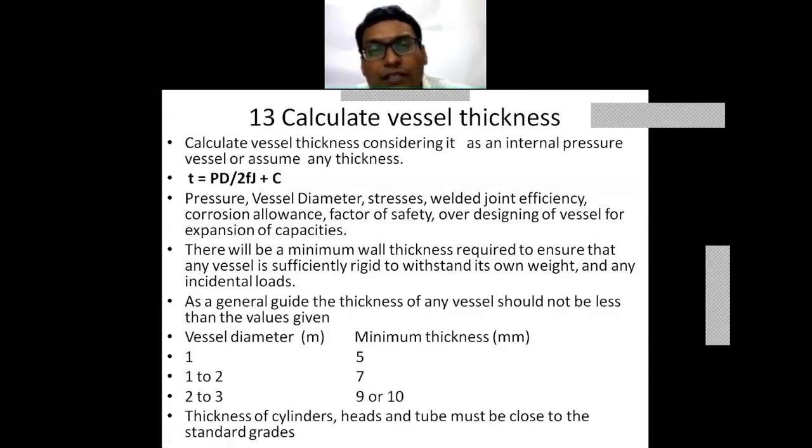Now, if the vessel thickness comes to say 3 millimeter by this formula, then I am not going to use the 3 millimeter thickness, but the 5 millimeter thickness. Because of welding problems, the lower thickness material is not properly welded, and that is why, for getting good quality welding, we are using the 5 millimeter metal thickness.